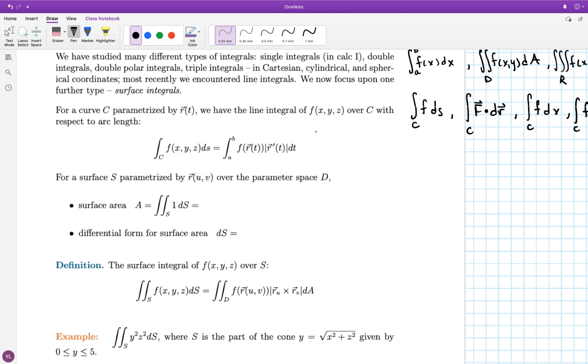And in the specific case of wanting to compute arc length of the curve C, you could just take this differential form here and integrate it. So our arc length formula looks like this, and when you parameterize the curve, of course, it looks like this.